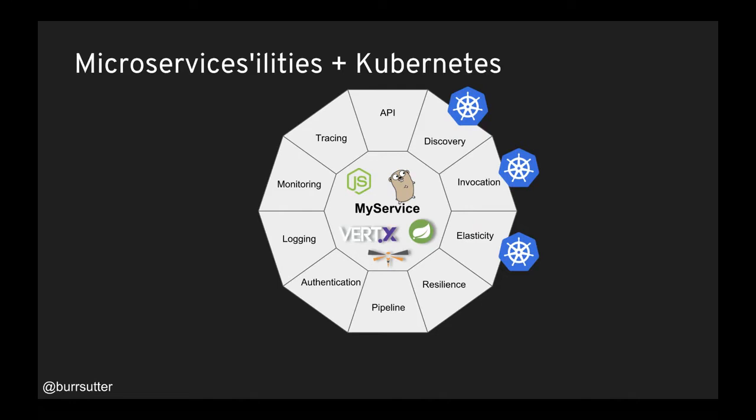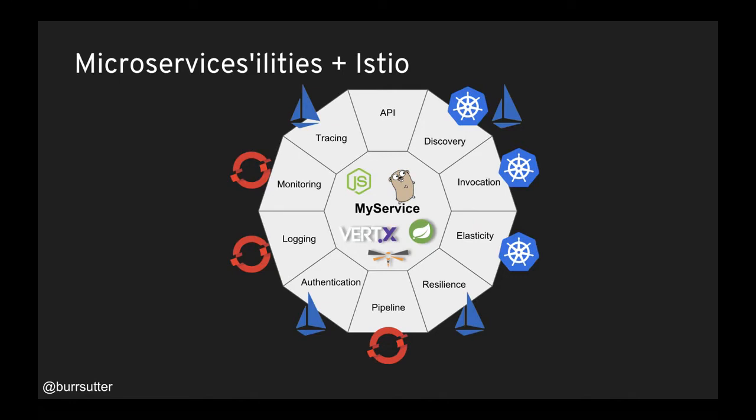Kubernetes makes it easier to scale up your service. And Red Hat brings with OpenShift additional capabilities around CI/CD with the Jenkins pipeline, centralized logging, and help for monitoring and so on.